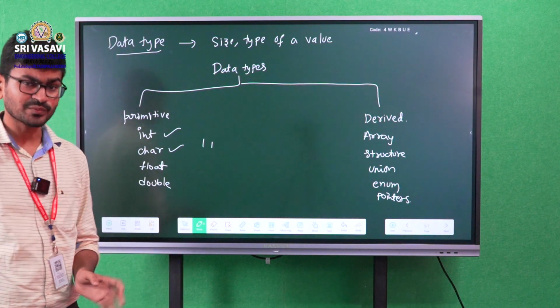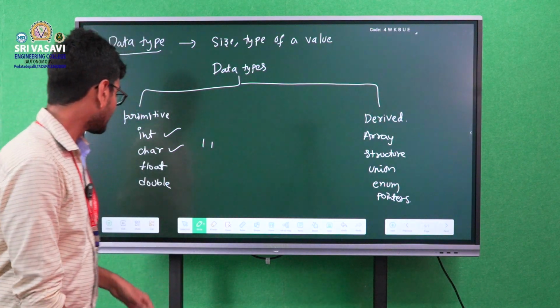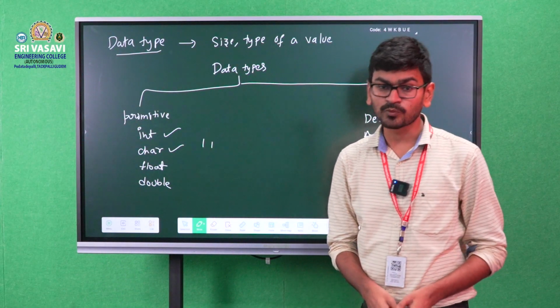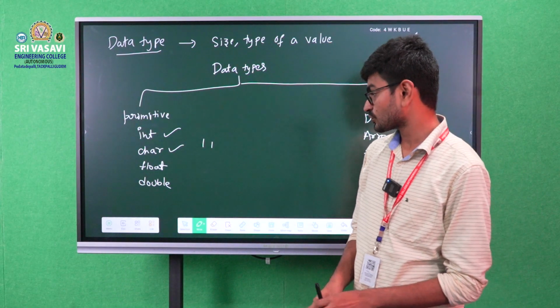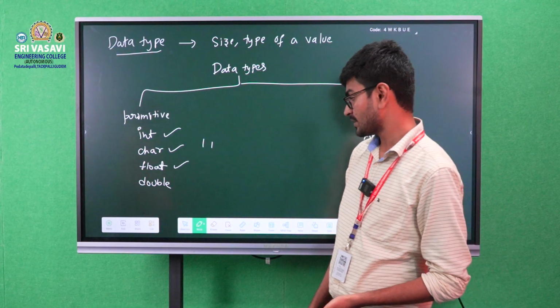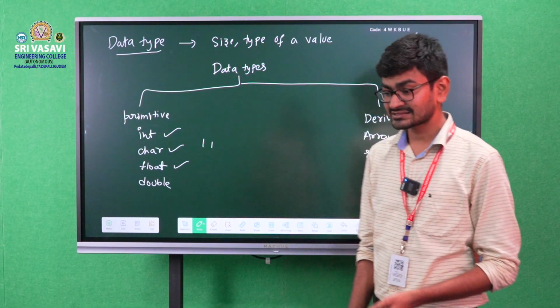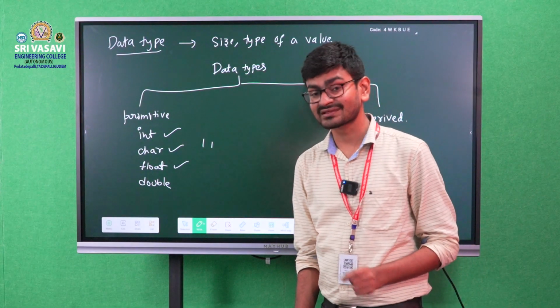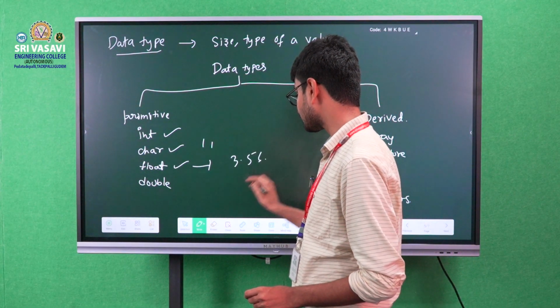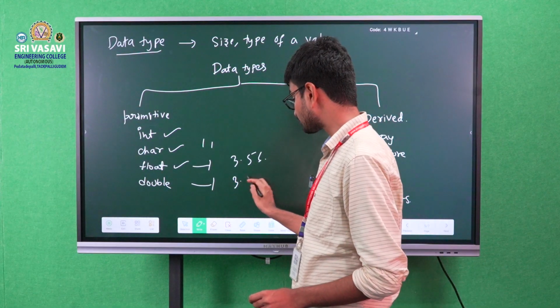Then float: to declare decimal numbers like 2.5, 3.5, we can use the float data type. When it comes to double, it is double precision, that means more digits after the decimal point. For example, in float we can store 3.56, and in double also we can store 3.56.